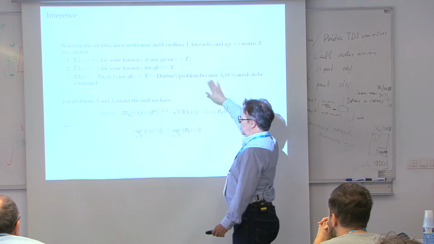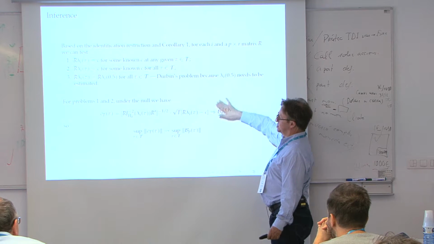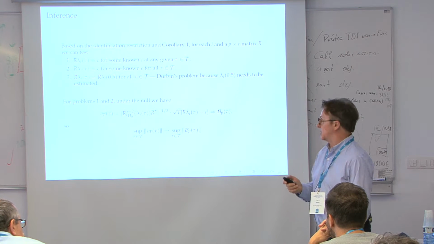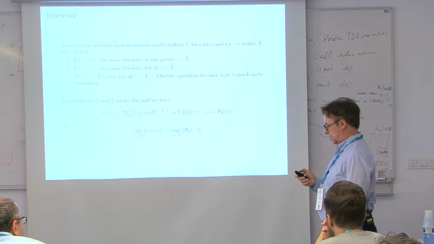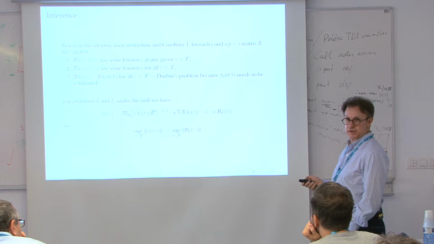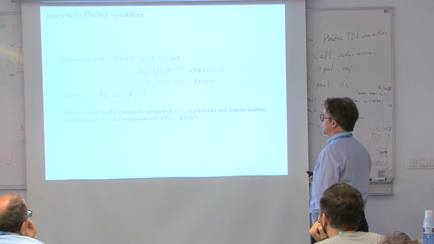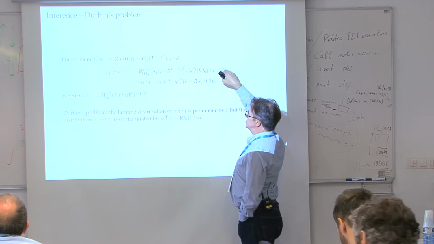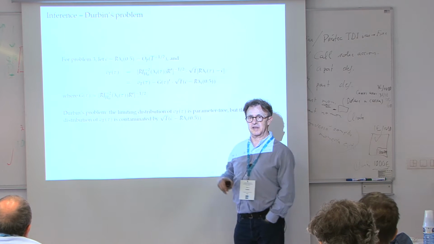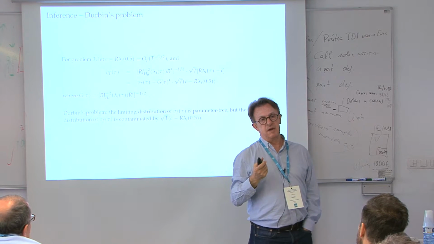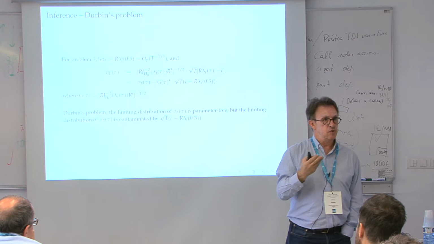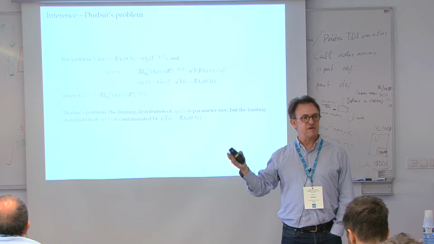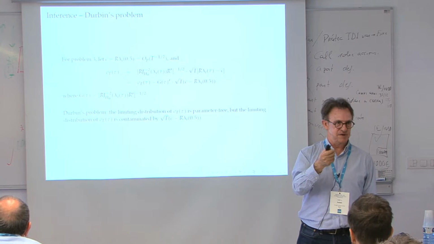Okay, so except for this problem, with the asymptotic theory we just derived, you can run this test and use well-known distributions to test for them. For Durbin's problem, remember, the problem is that when you derive the asymptotic distribution of the test, you have an extra term, due to the fact that you are testing whether a distribution is equal to a given distribution, one of whose parameters is not known.